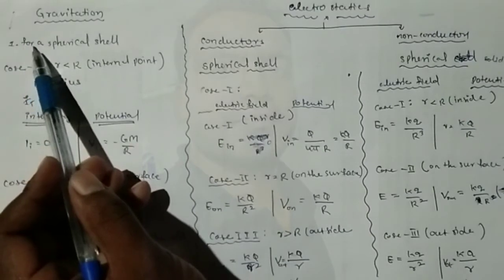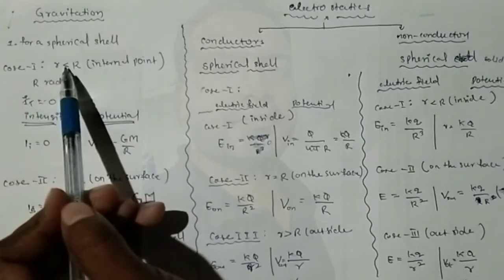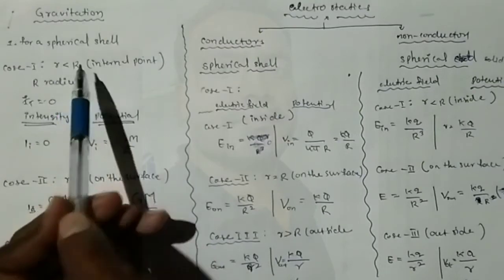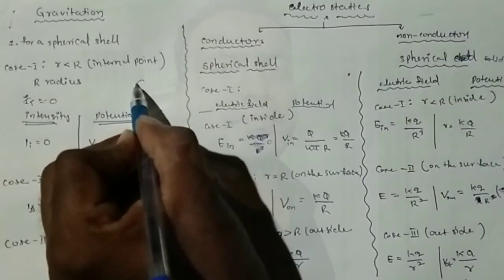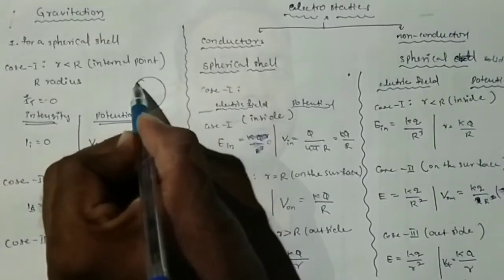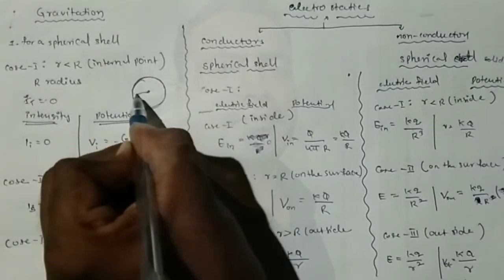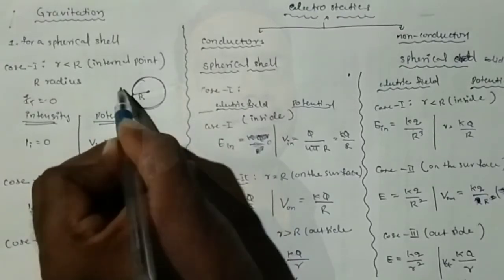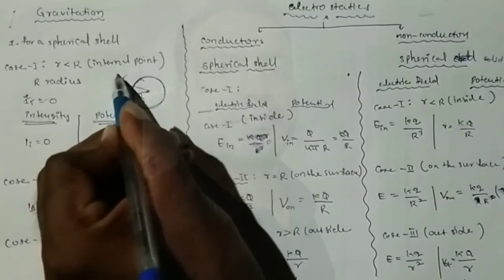For a spherical shell, case 1, small r less than capital R. Here I write this is a spherical shell. This is the center point, the distance to the radius is capital R, and the outside point is small r.